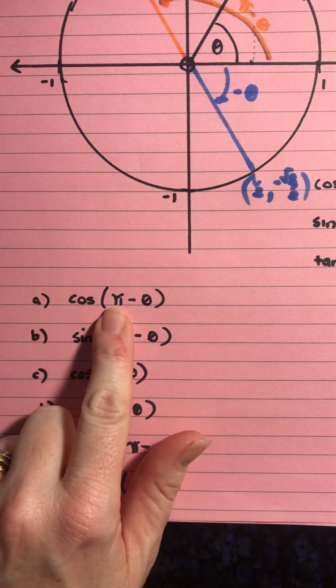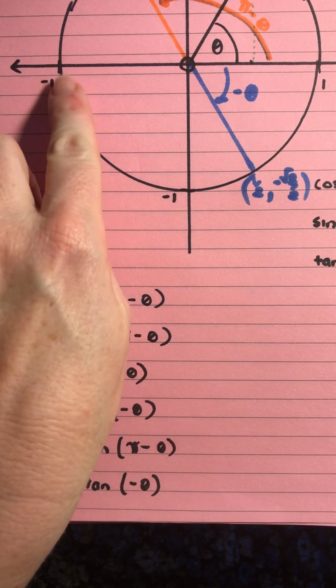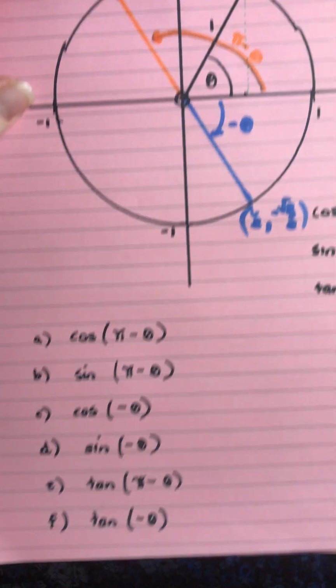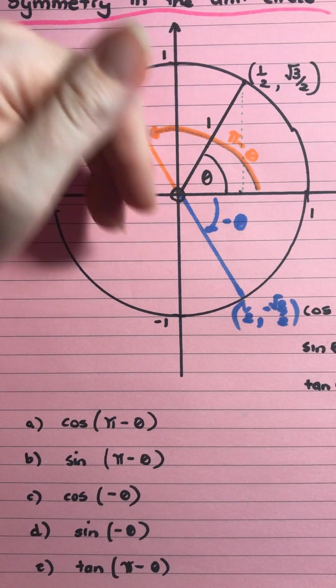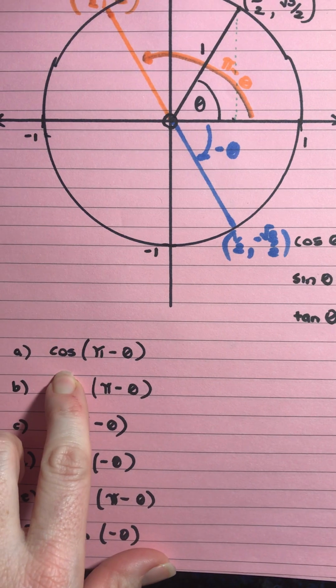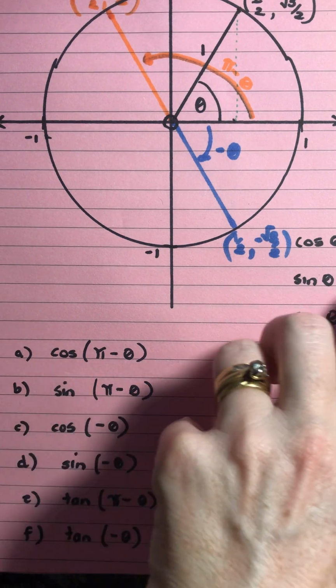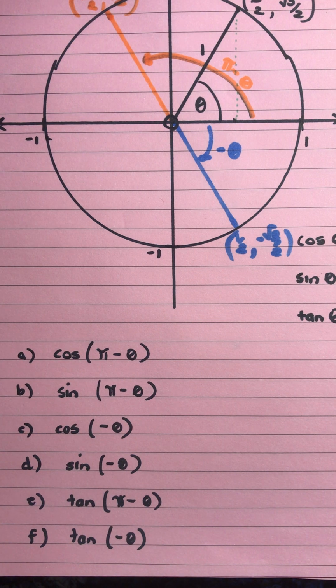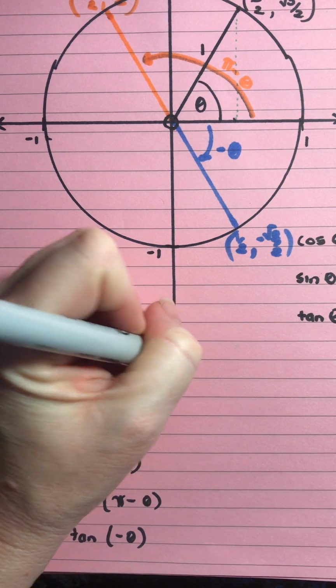So if we've got cos of pi minus theta, so that's what we've drawn in here, pi minus theta. So we've gone around and back theta, to get to that orange line. If we're looking at cos of that, we know that's going to be our x value, but in this case our x value is negative, so we get negative a half.